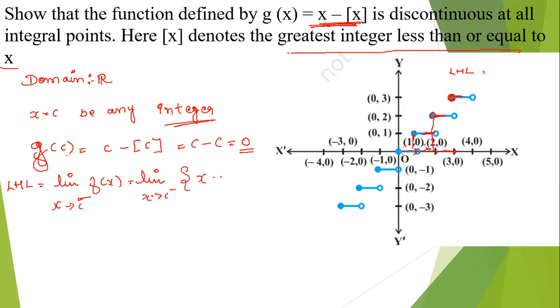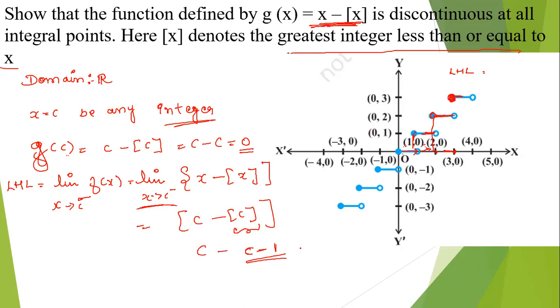So x minus box x will be C minus box C. I said for the left hand limit, you always get 1 less than the value you are taking. So here our limit will be C minus 1. Box C value will be C minus 1 because we are approaching from the left hand side. So what do you get? You get the value as 1.